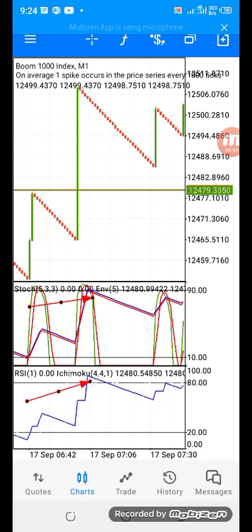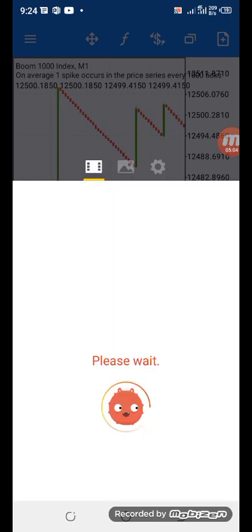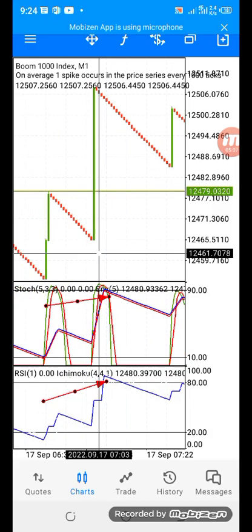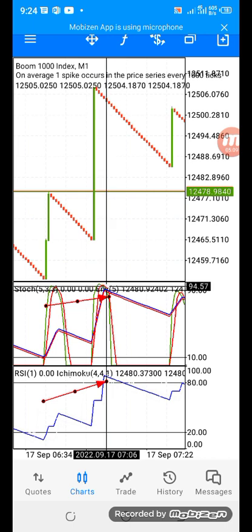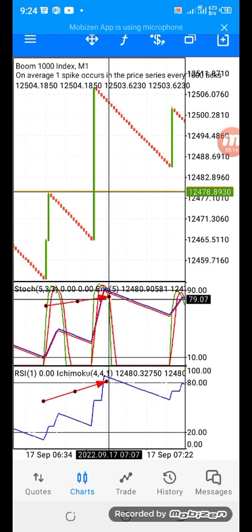At any point in time where you have stochastic crossing the envelope and your indicator is not at that 80 overbought region, the signal is invalid. As you can see now, it crosses this way. Now this is where it crosses down, and at the time it crosses here, you can see that our indicator is above the 80 region, which simply means the signal is valid.